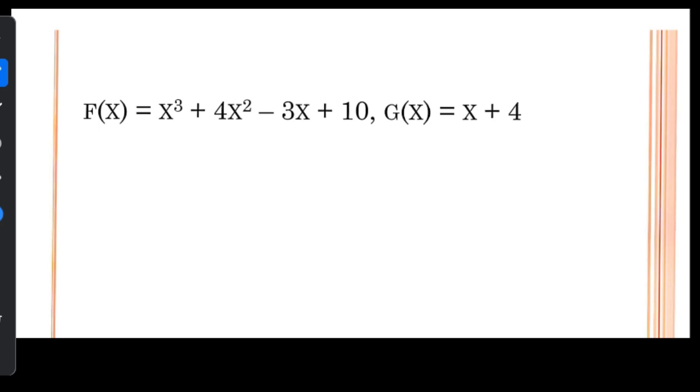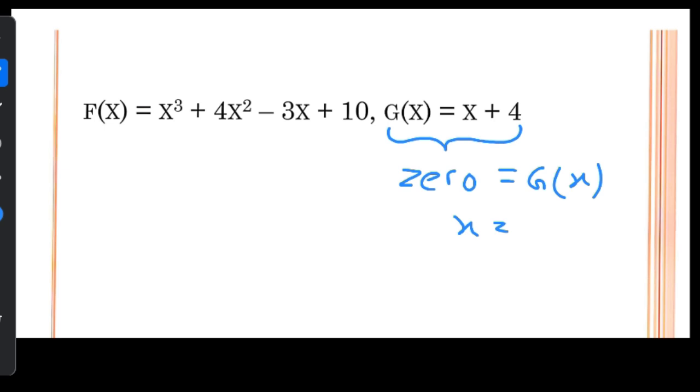I had already mentioned some steps last time. First, find its zero, right? Equate gx to 0 and find the value of x. Whatever value of x that you get, use it in this expression.